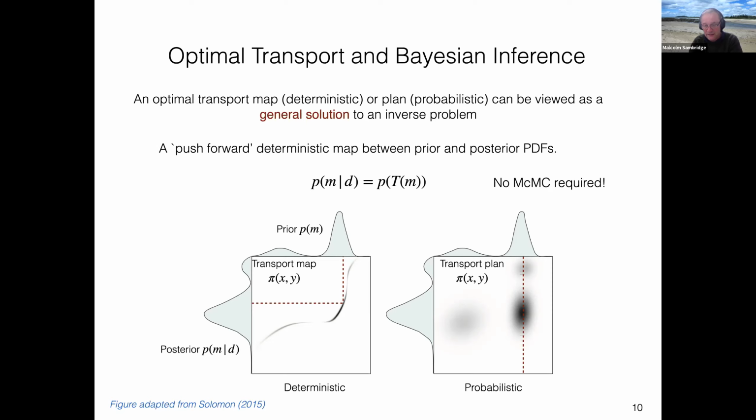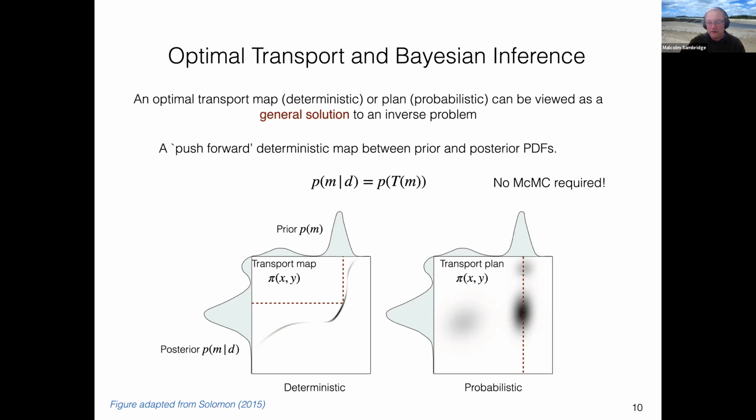On the right-hand side, the probabilistic transport plan, not map, plan, is a generalization of a map, and it exists when the problem is discrete, essentially. So in a discrete problem, the one-to-one mapping of the map becomes a probabilistic mapping in the plan.